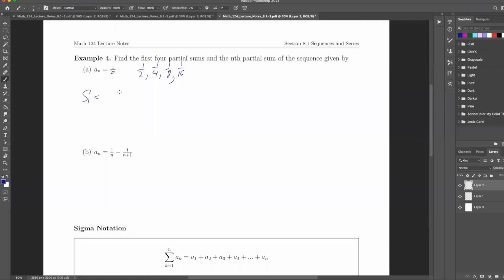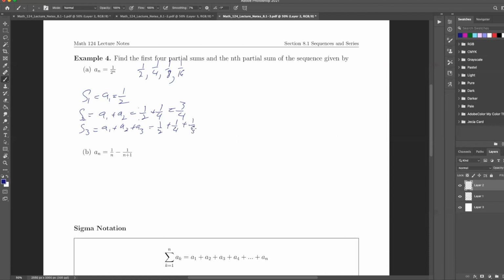So S1 is just equal to A1, which is equal to a half. S2 is equal to A1 plus A2, which is a half plus a fourth. If I add those two up, this becomes 2/4 plus 1/4 equals 3/4. S3 is equal to A1 plus A2 plus A3, which is a half plus a fourth plus an eighth.